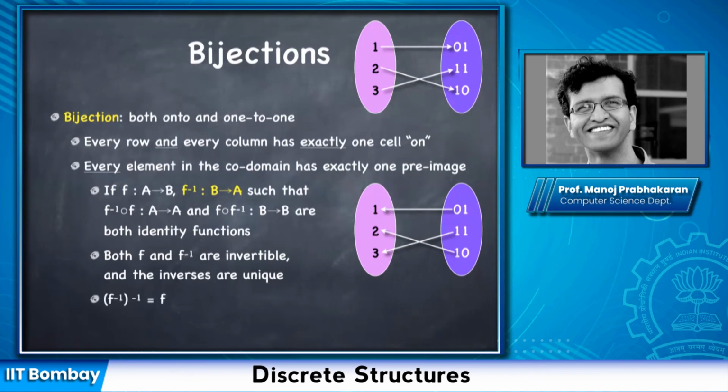And since f inverse itself is a bijection, the inverse of f inverse is also unique, and that is equal to f, since f is an inverse of f inverse. All right, so you should think through that a bijection has a unique inverse, and that inverse itself is a bijection.